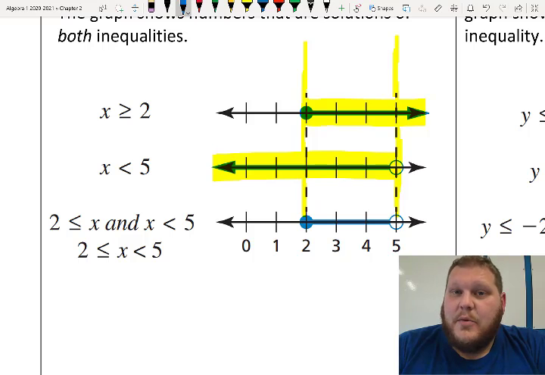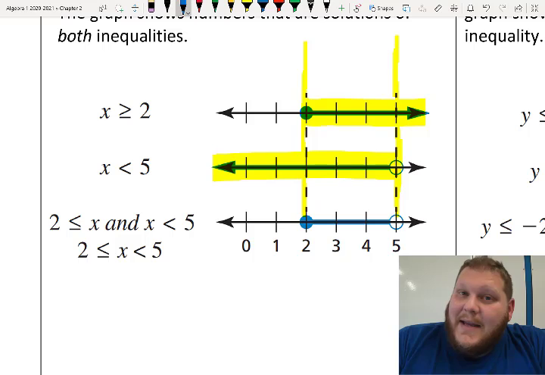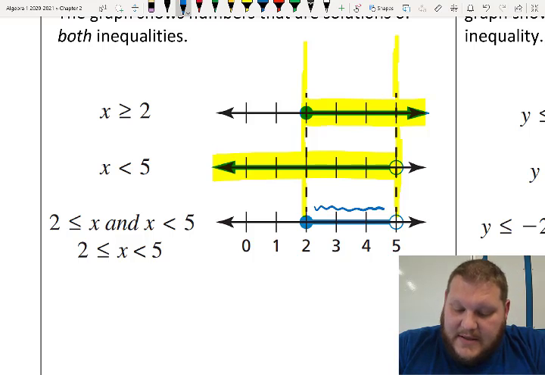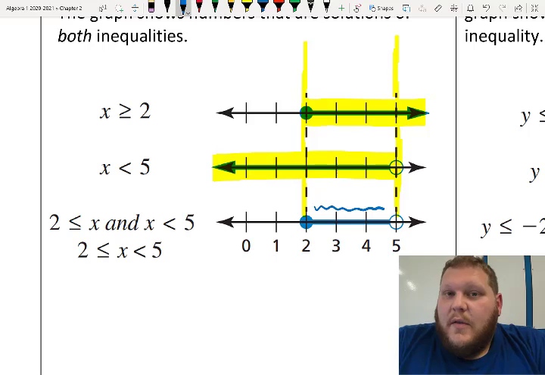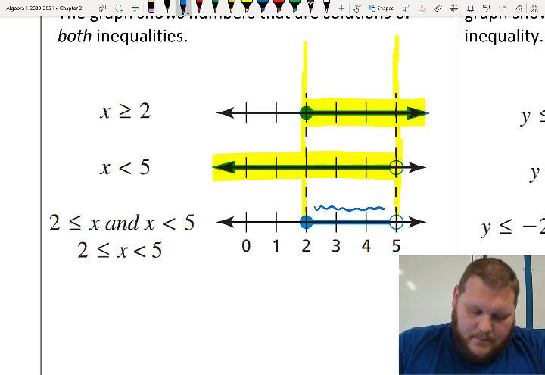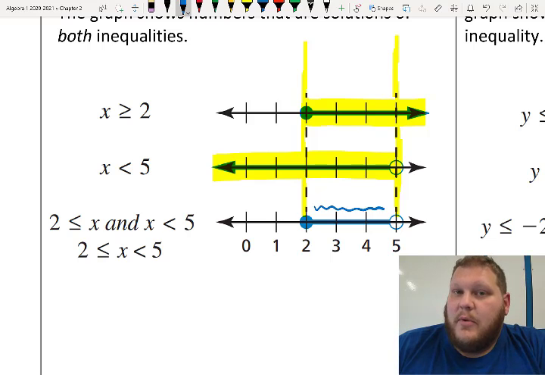When you could be true for both of them, you could say it's an AND problem, because my solutions here, all in this little section between +2 and +5, are true for both of my inequalities. It's true that x is bigger than or equal to 2 and less than 5. So that's what an AND problem looks like.